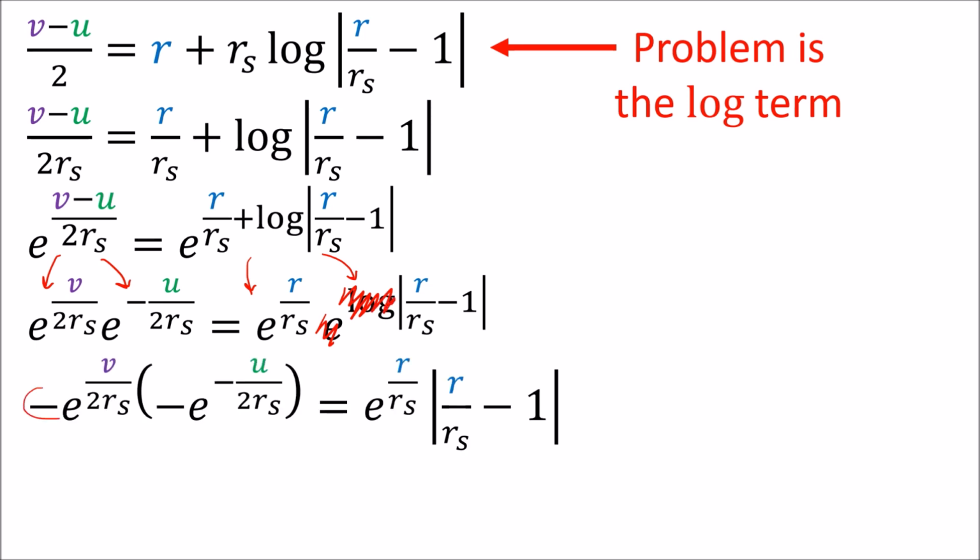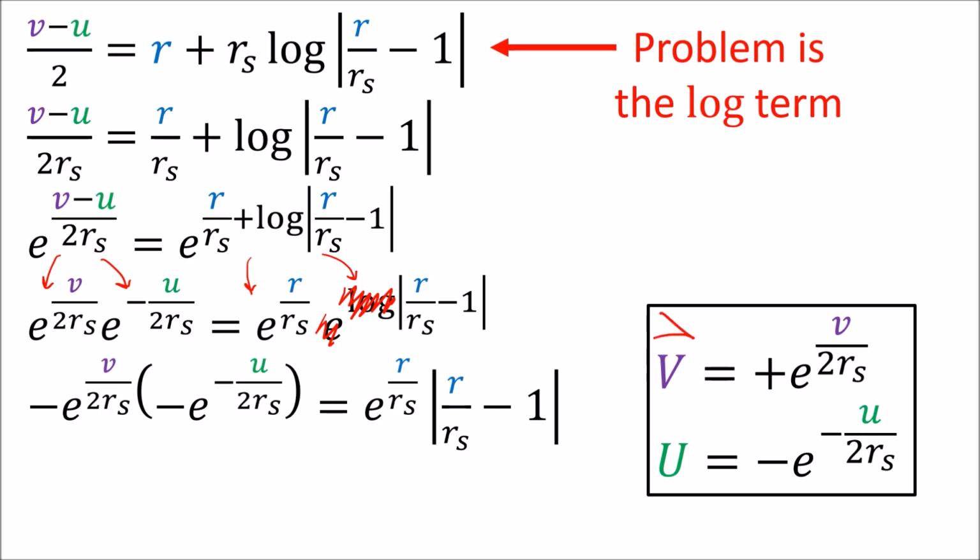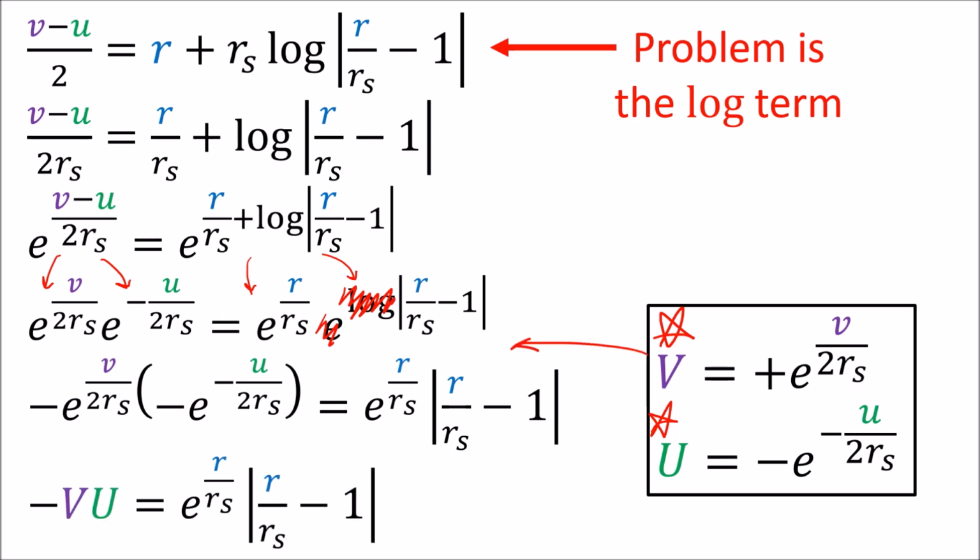I've also introduced a couple negative signs here to prepare us for the clever coordinate substitution, which is big V equals e to the v over 2rs, and big U equals negative e to the negative u over 2rs. Subbing these in, we get minus the product of big V and big U.